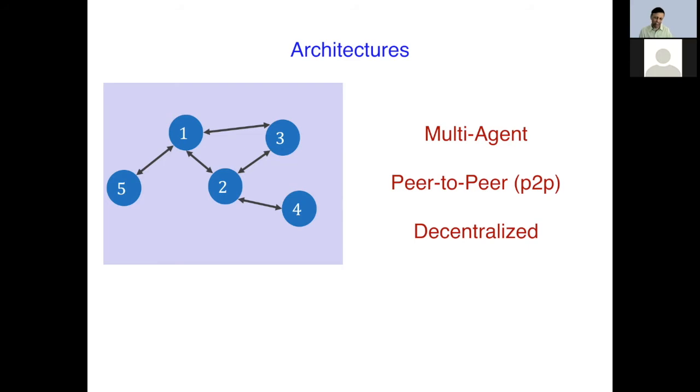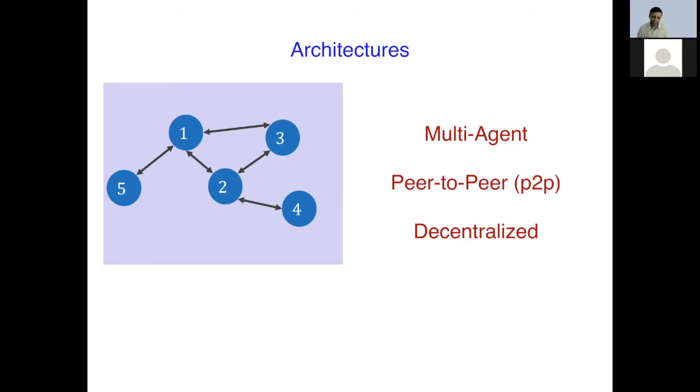But the architecture looks something like this, where you have agents, in this example 5, that are connected to each other by a network. In the special case, the network might be a complete graph, meaning everybody can talk to everybody else directly. Whereas in this particular picture, agent 5 only interacts with agent 1, agent 3 interacts with agents 2 and 1, and so on.